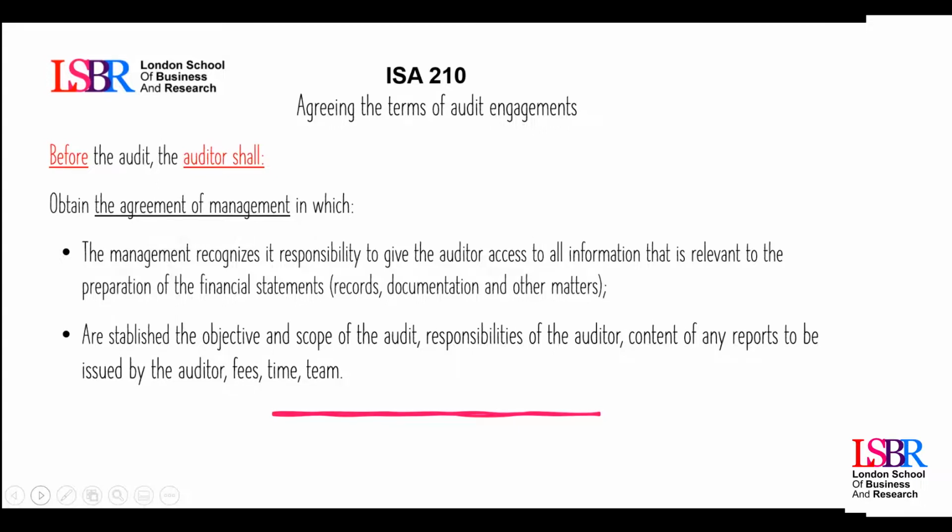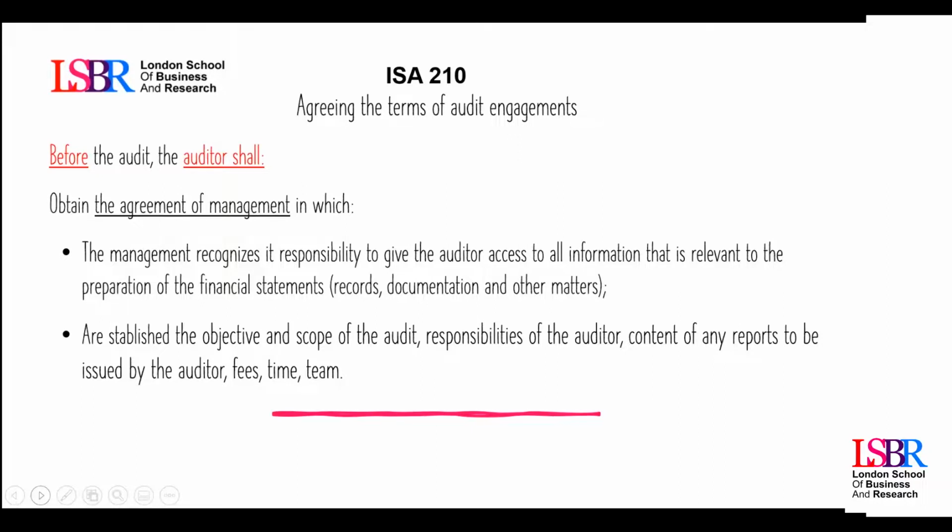Before starting an audit, the auditor needs to have the agreement of management. Basically, this is a letter in which the management recognizes its responsibility, and in which the scope of the audit is written.